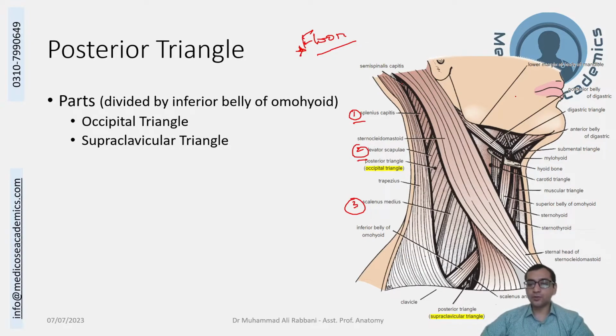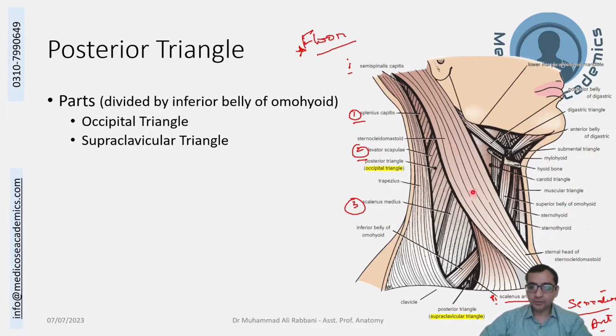The ones whose only margins are seen include semispinalis on the top, and on the bottom end you may see scalenus anterior. You see how difficult it is to see them. And you may see the first slip of serratus anterior.